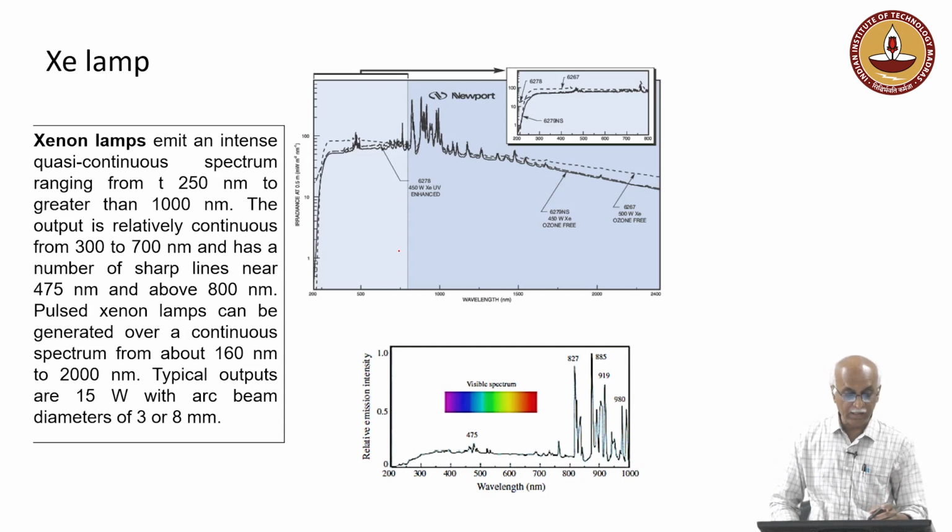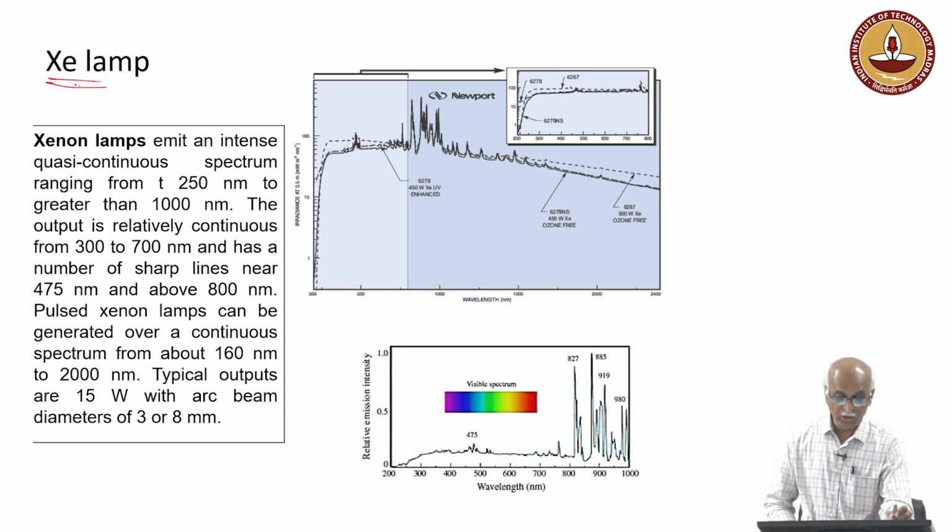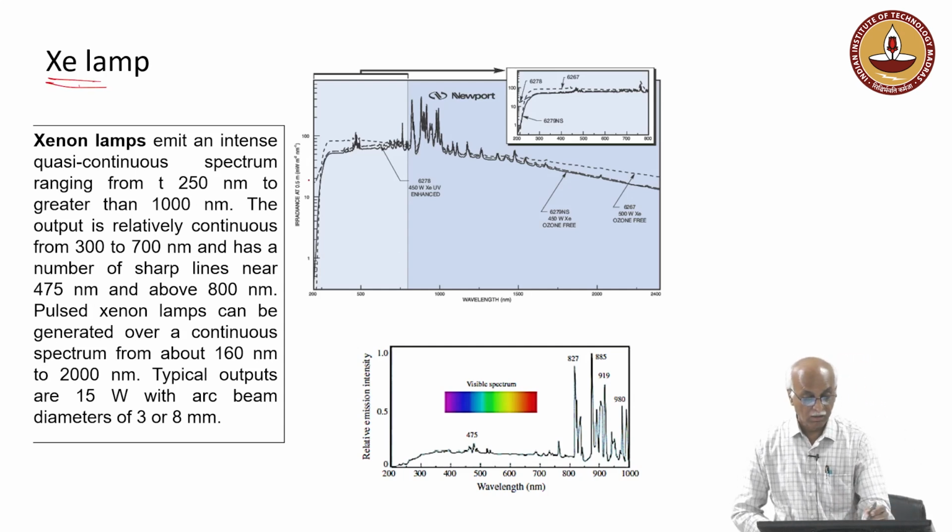Compare it with the xenon lamp, which has a somewhat flat region, but around 800 to 1000 nanometer it has various emission lines: 800, 895, 900, 980 nanometer, etc.